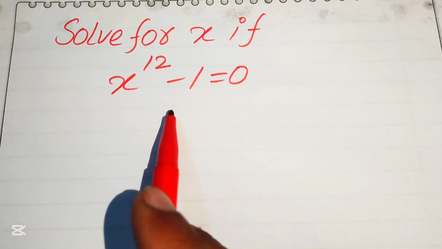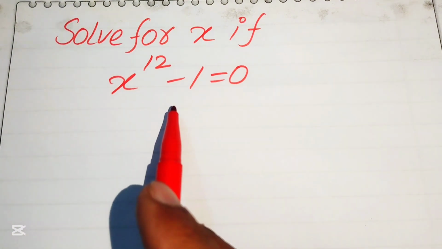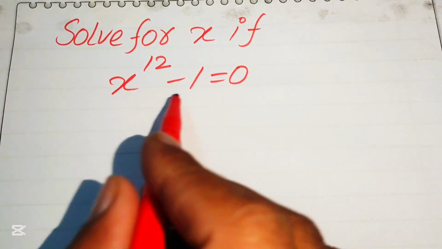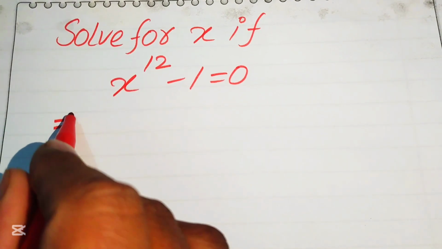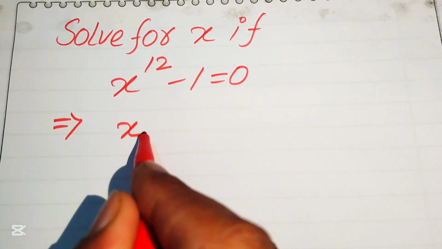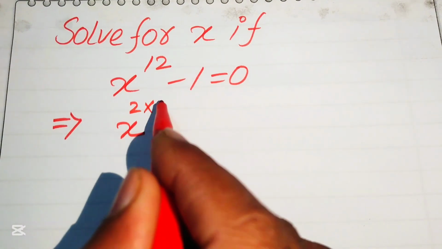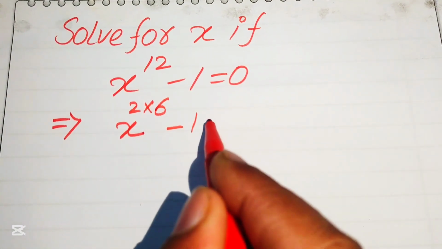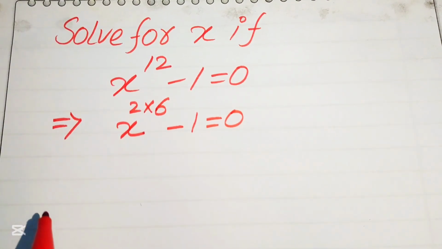So here the very first step we are going to do is, first we rewrite this equation as x to the power of 12, and we write this 12 as 2 multiplied by 6, minus 1 equals to 0.